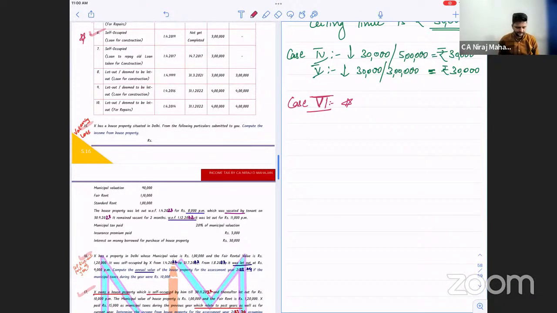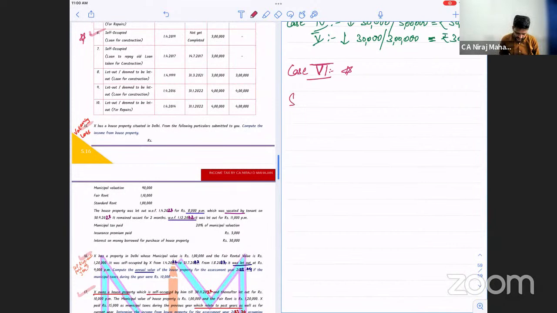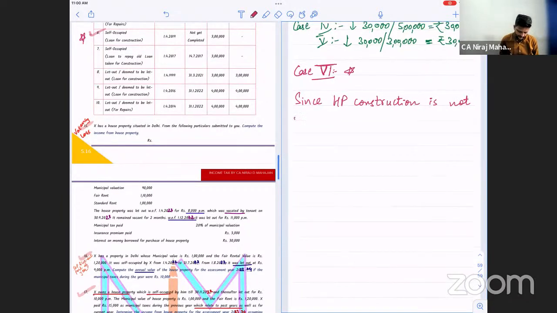All right. Write down: since house property construction is not yet completed, income from house property does not arise.